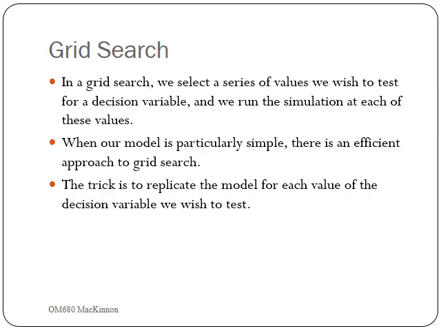What we do is we select a series of values that we want to test for the decision variable. In other words, we start plugging in alternative numbers there, and we rerun the simulation at each of these values, and we can see it going up and down, and if the model is simple, we can very quickly arrive at a conclusion. Okay, in this particular case, it is better to order too few, as we'll see later on.